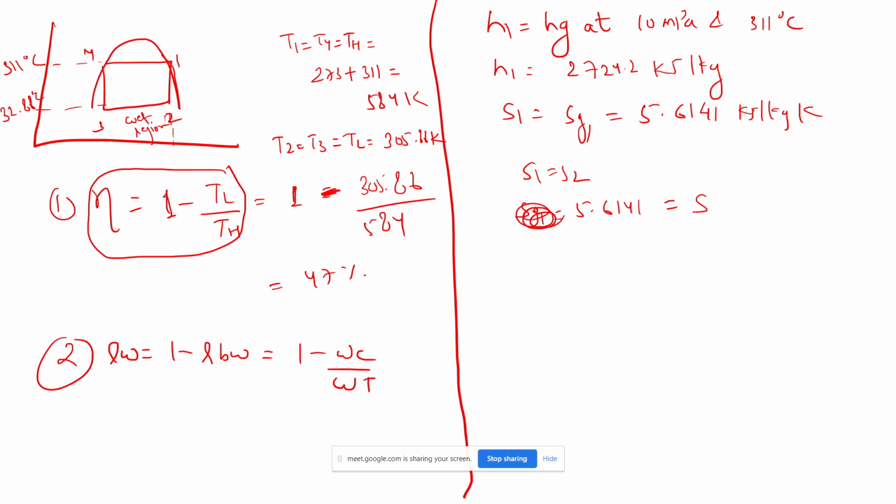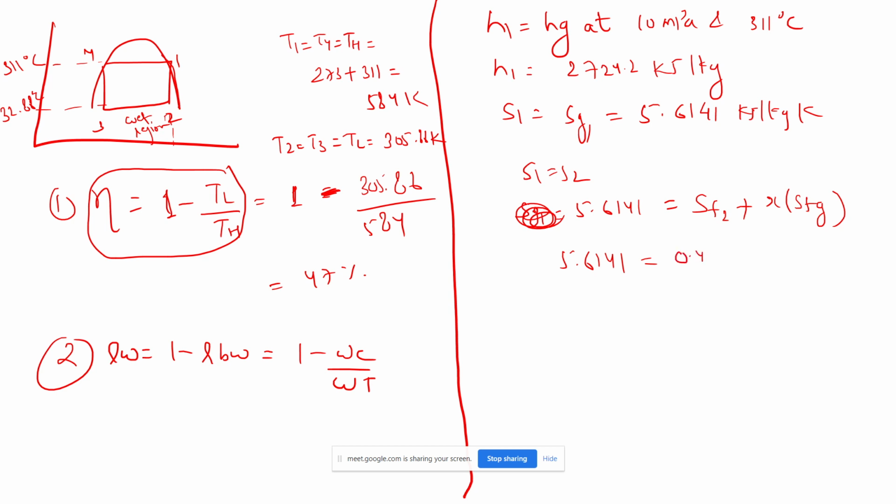SF2 plus X2 into SFG2. Is it right? So we can directly write what SF2 is. SF2 is at point 2, which is at a lower pressure of 5 megapascal.